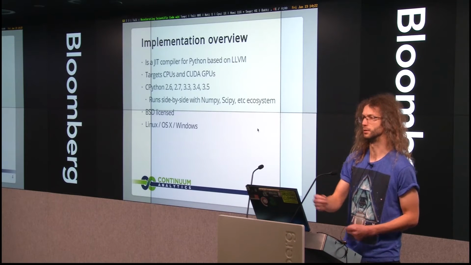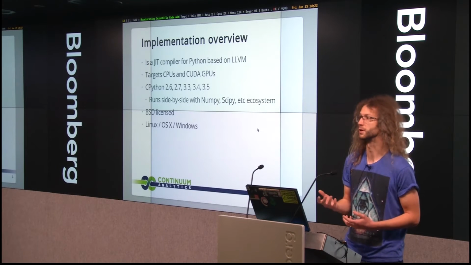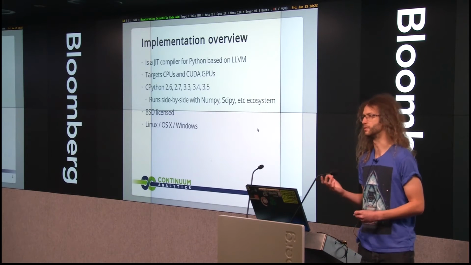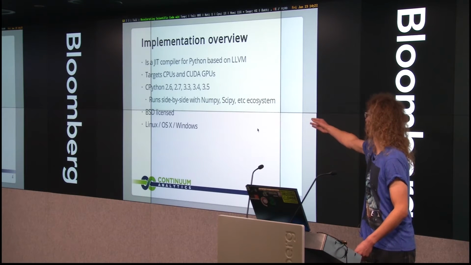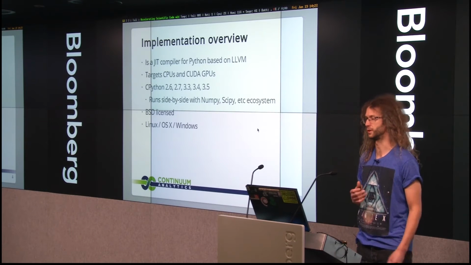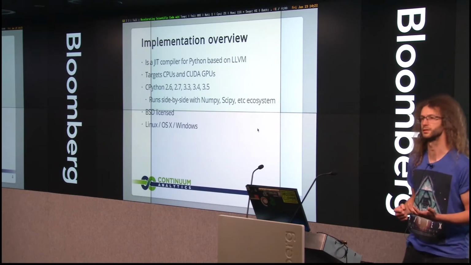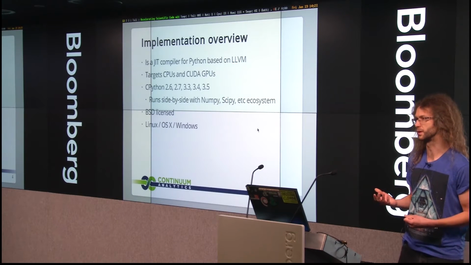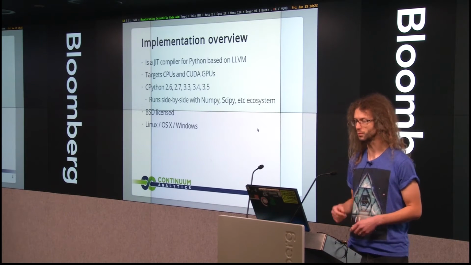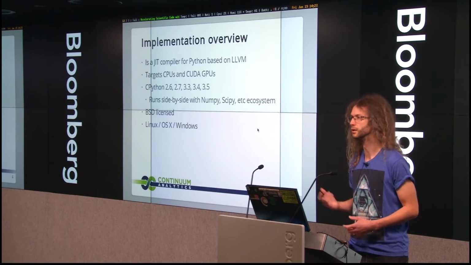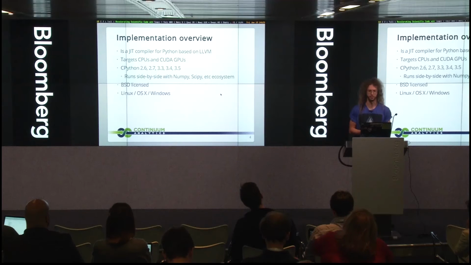It runs on Python 2 and 3 on CPython. So we test with those versions, and you can use it side by side with any other Python code or any C extensions that you've got. So you can use it in the same code base as NumPy or SciPy or any of the other tools from the PyData ecosystem.